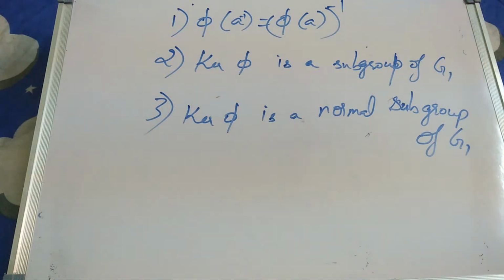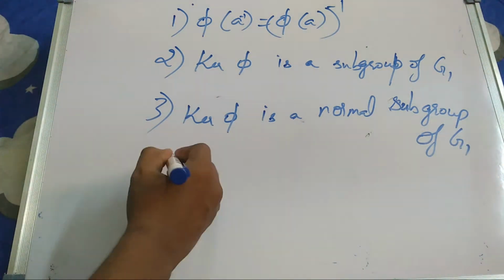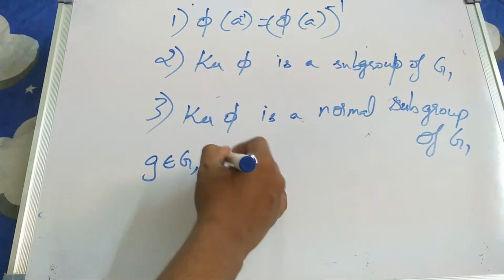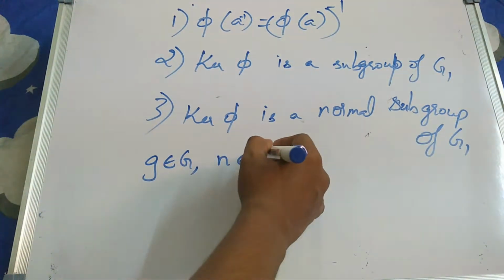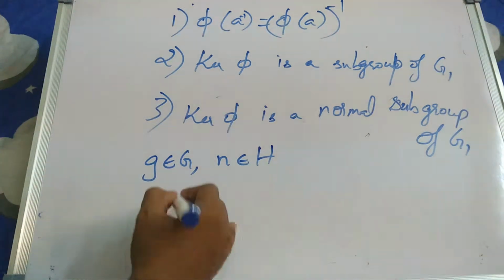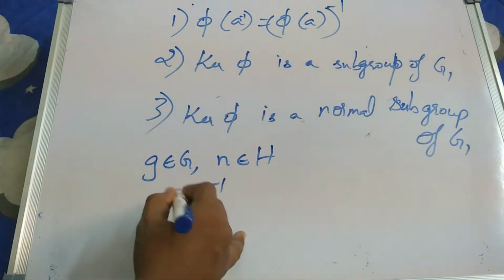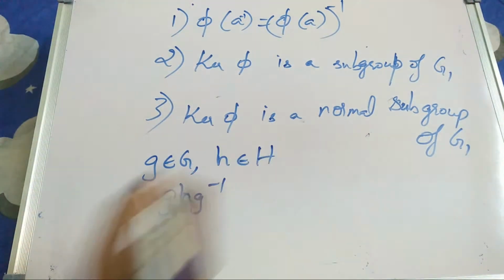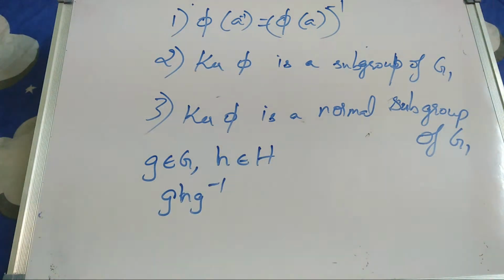I'm going to use the third one. That is, let g belong to G and h belong to H, the subgroup. We need to show g h g inverse belongs to H. That is what we need to prove for kernel phi to be a normal subgroup.